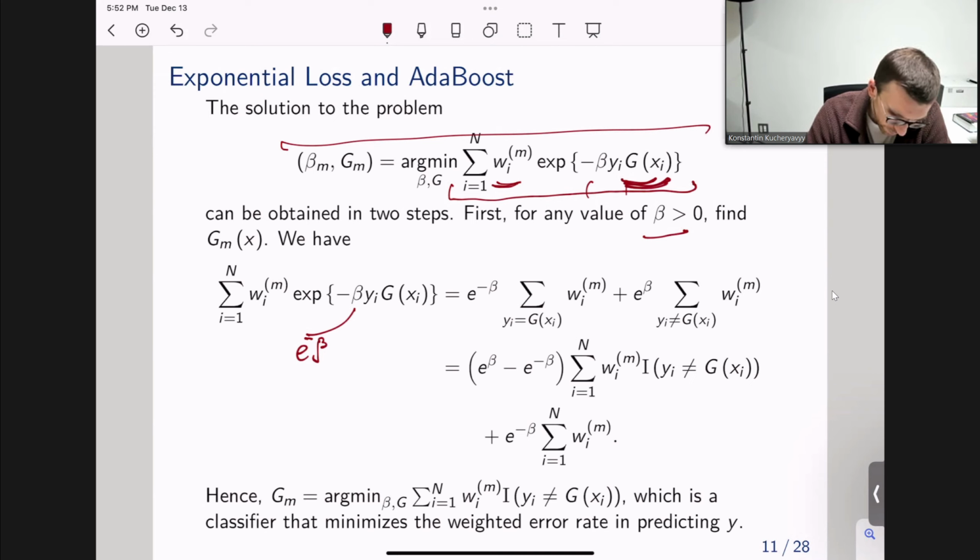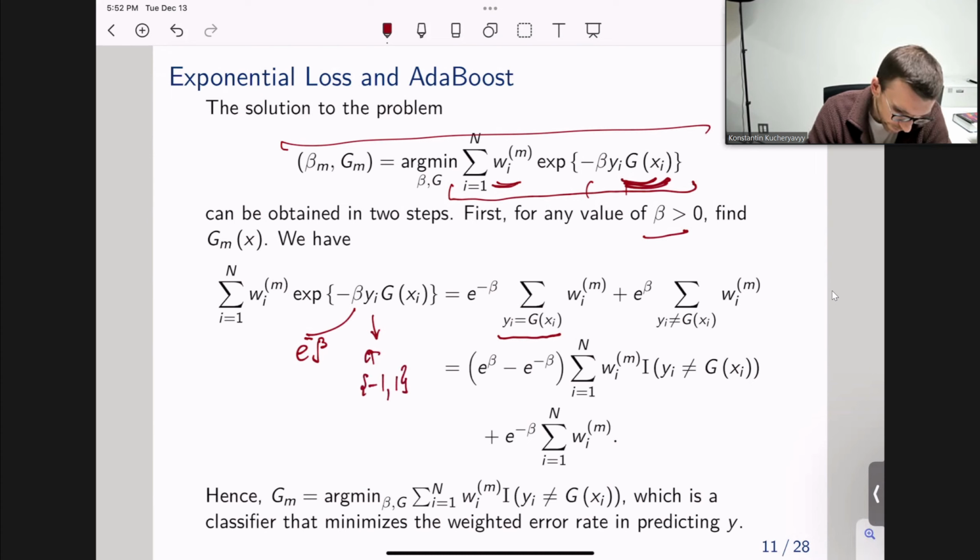One would be where y_i is equal to our classifier, and y_i, remember, belongs to minus 1, 1.